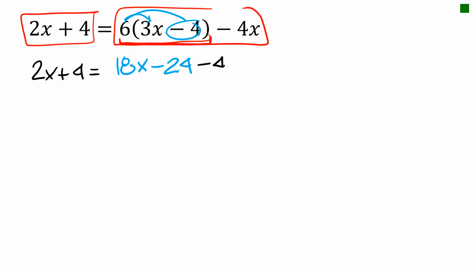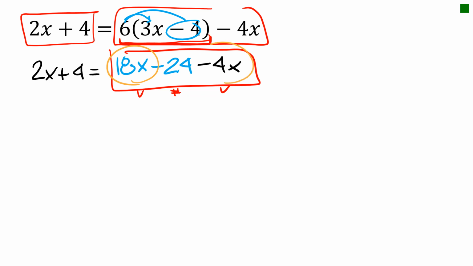And I still have minus 4x. Right-hand side still needs to be cleaned up. I've got a variable term, a number term, a variable term. So I'm going to add my two variable terms together. Left-hand side still 2x plus 4 equals 18x minus 4x is 14x, and I still have minus 24.